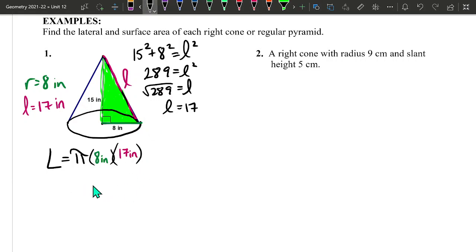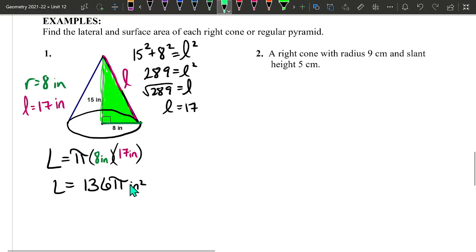And I'm going to first put it in terms of pi because you need the lateral area in terms of pi to calculate the surface area. So L equals 8 inches times 17 inches is going to give me 136 pi inches squared, because inches times inches is inches squared.